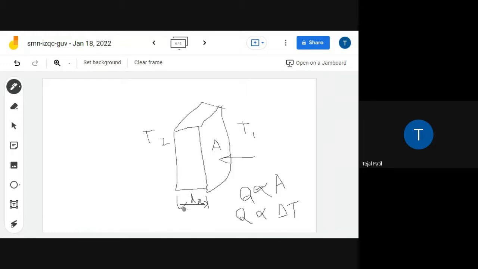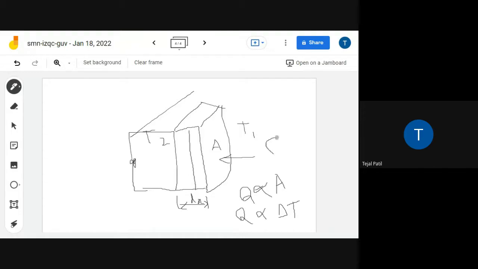Now another thing: when the heat is going to transfer through, let's say, this slab, the heat transferred up to this limit will be more. The shorter the distance, the more heat transfer there will be. If you increase the thickness of this slab further, you will find that at this end the heat transfer rate reduces.